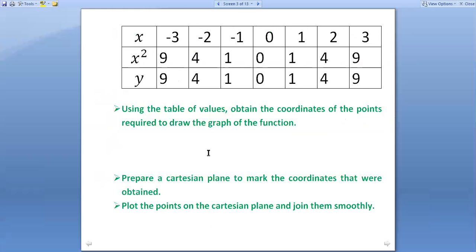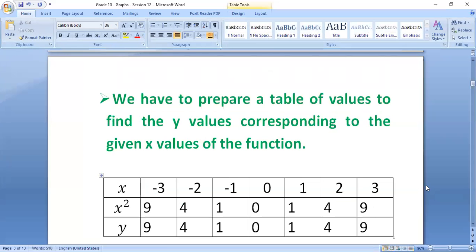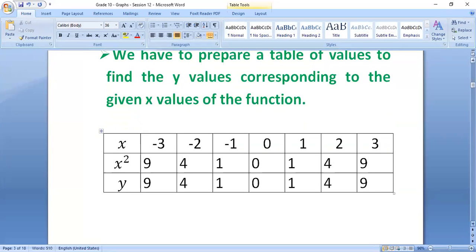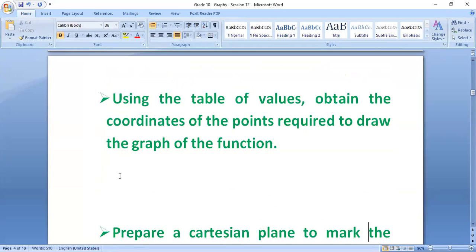Now we get the table like this, and by using this table we can obtain the coordinate points that we need to draw the graph of the function. The first coordinate pair will be -3 and +9.